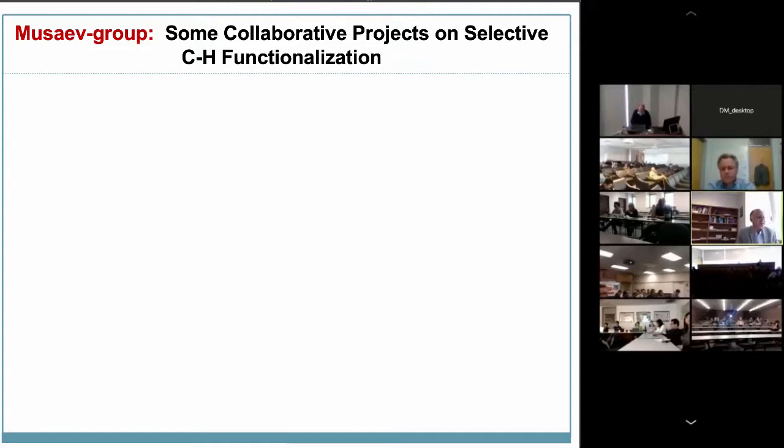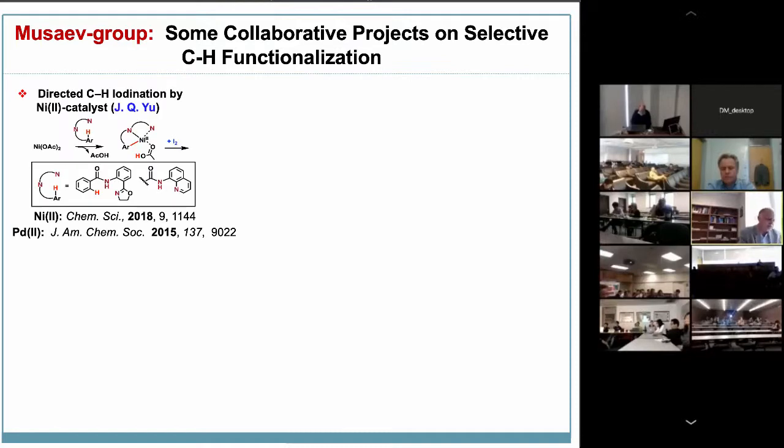Just recently, our group, in collaboration with Jin-Quan Yu's group, established key mechanistic details of the palladium catalyzed CH bond iodination reaction. These efforts led to the prediction and validation of a novel CH bromination reaction, as well as to the design of new nickel-based CH functionalization reactions.